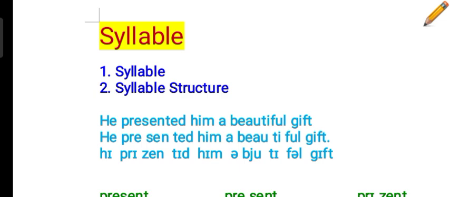You have to understand syllable structure because it will be very useful in understanding word stress, sentence stress, and intonation. For the purpose of better understanding, you have to listen to me, and I'll try my best to make these things clear. So now let's discuss what a syllable is.